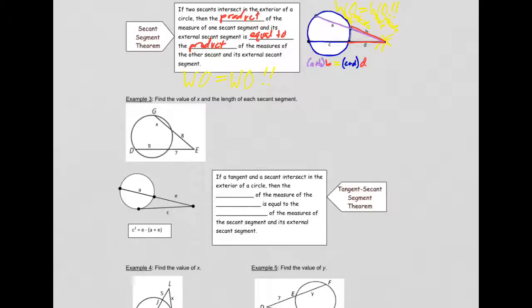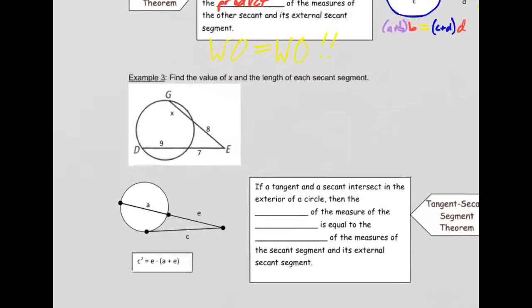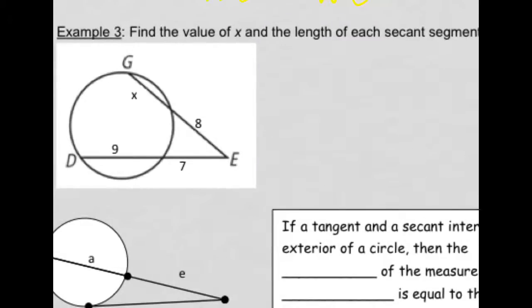Find the value of x and the length of each secant segment. Well, let's take a look. So once again, I want you guys to write down, if it's outside the potty, it's whoa, whoa.